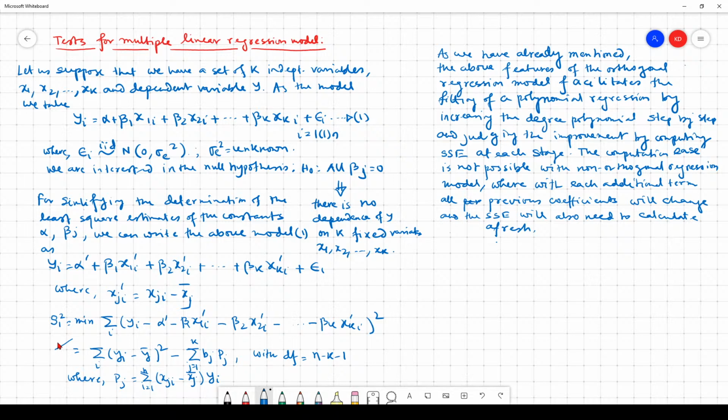So this is your homework. Just use the least square technique on alpha dash, beta 1, beta 2, beta k, or you can minimize this portion with respect to alpha dash, beta 1, beta 2, beta k, and you get the least square estimates. Use these estimates to get this part. So this part is your homework.